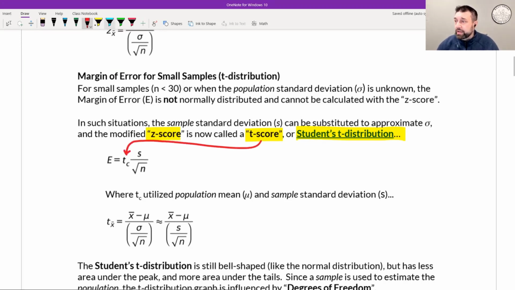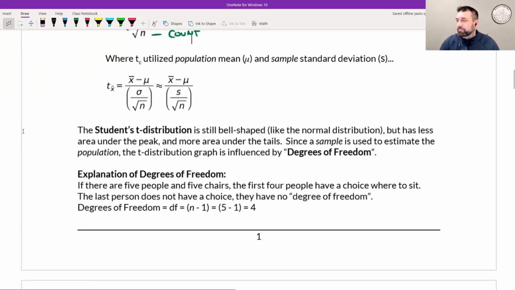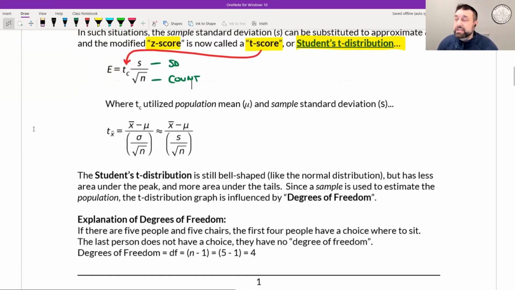You still multiply by the standard deviation. You still divide by the square root of the number of items, and that is your margin of error. Once you calculate this margin of error using the student's t distribution, you add and subtract it to the mean.